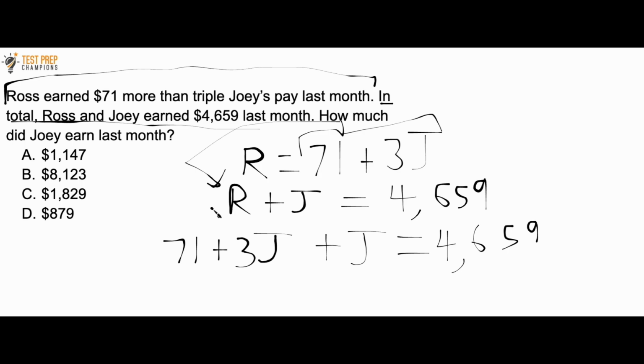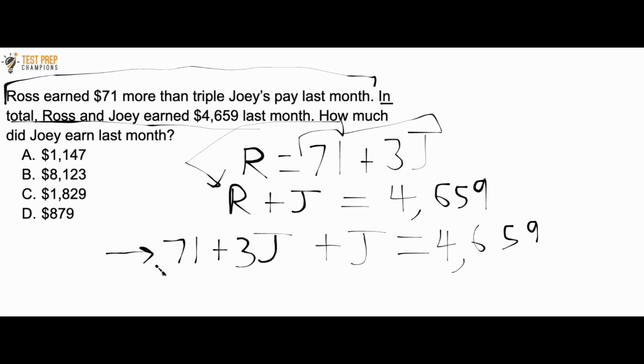The third step was to take the fact that R equals 71 plus 3J and come down into my second equation and replace R with 71 plus 3J. I did that, and that's what I see here: 71 plus 3J plus J equals 4,659. Okay, so hopefully this makes sense.